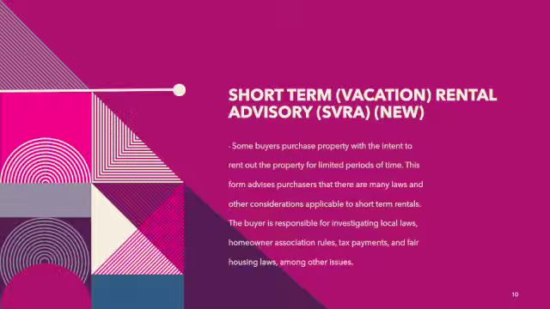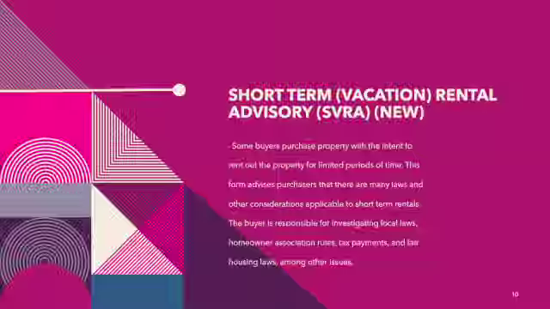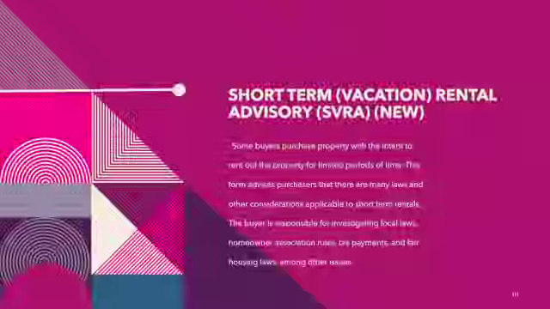Airbnbs. And this form advises purchasers that there are many laws and other considerations applicable to short-term rentals. The buyer is responsible for investigating local laws, homeowner association rules, tax payments, and fair housing laws, among other issues.